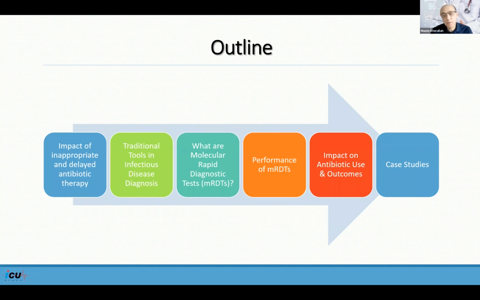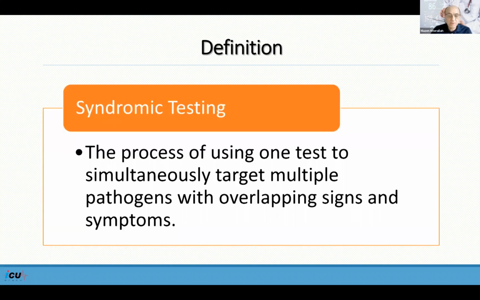Of course, we will present the sensitivity and specificity of those tests, and then we'll see how they impacted our antibiotic use and outcomes of critically ill patients. We'll give some case studies so we can illustrate how we can interpret those tests for the benefit of the patient and the ICU.